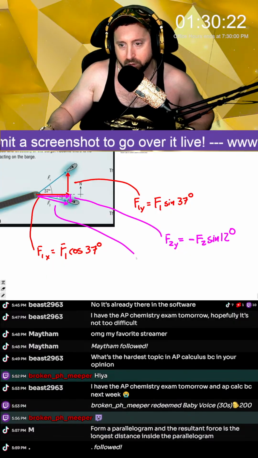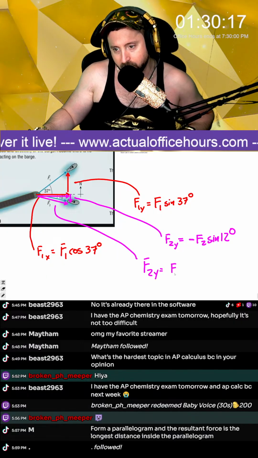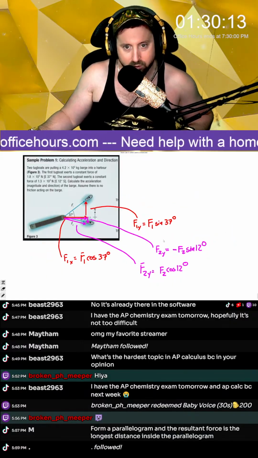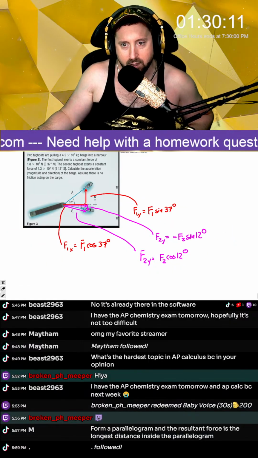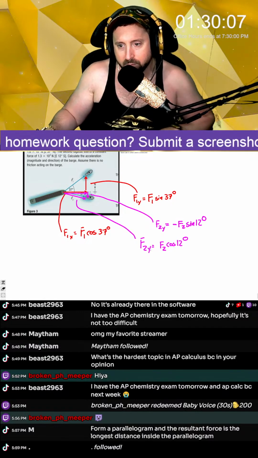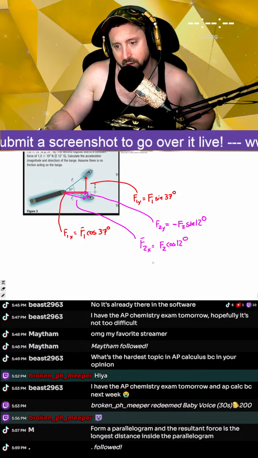This, however, will still be positive, and this will be F2x, equal to F2 cosine of 12 degrees. So then, in order to find the acceleration... Did I mess up? Yes. Thank you, Prescos. Yes, this is F2x.